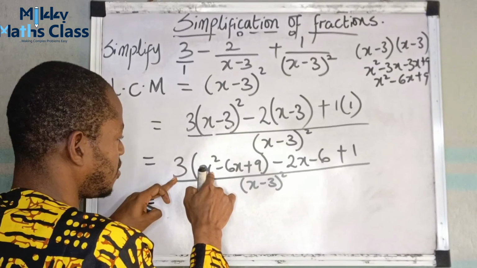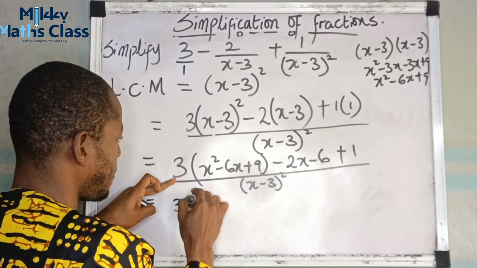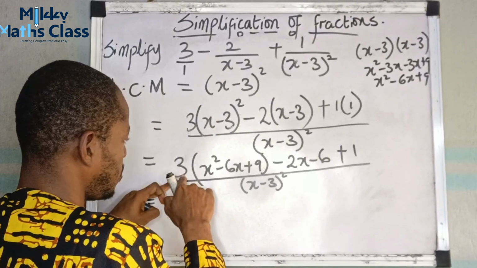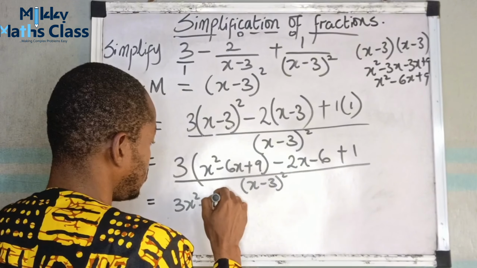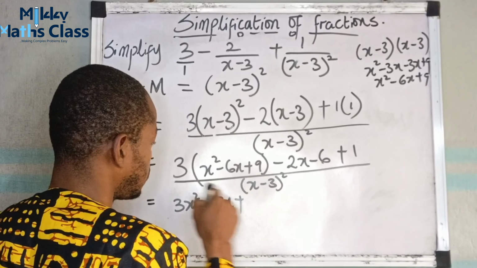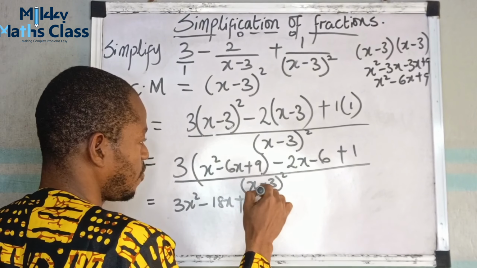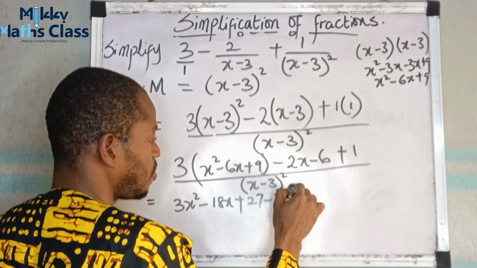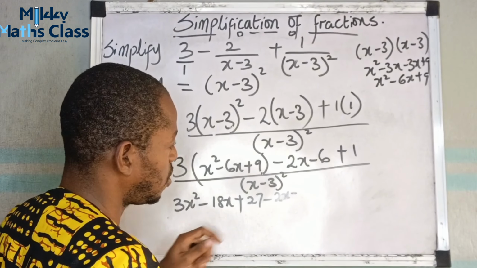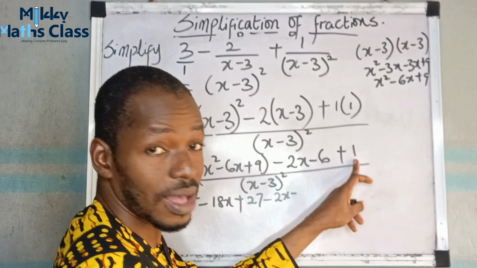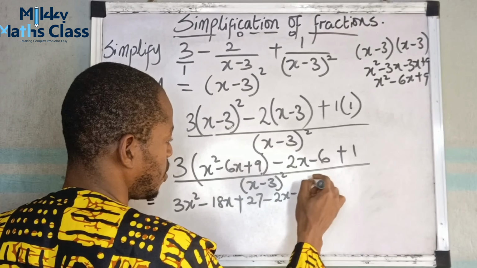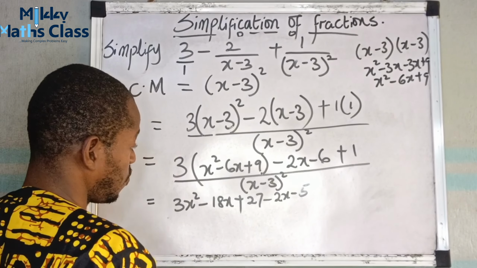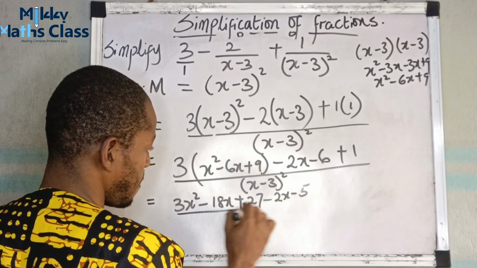This becomes 3x squared minus 3 times 6x, that's 18x, plus 9 times 3, that's 27, minus 2x minus negative 6 plus 1.